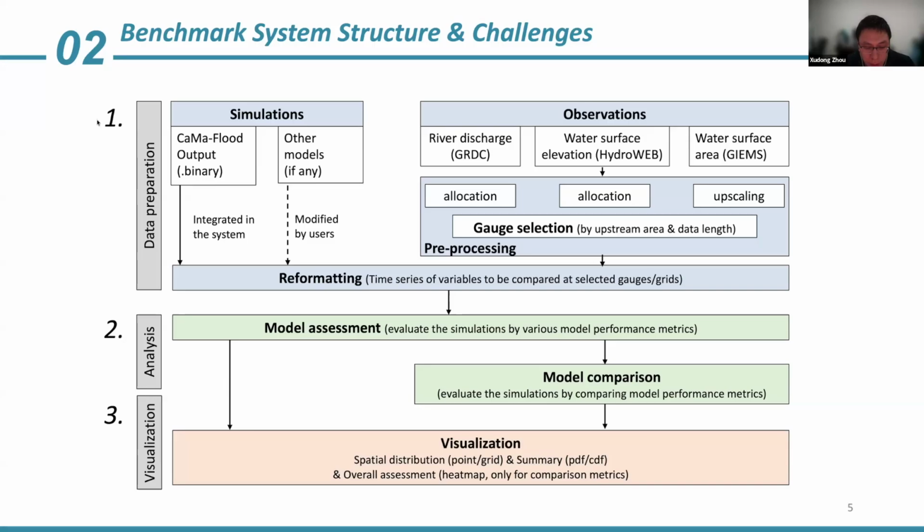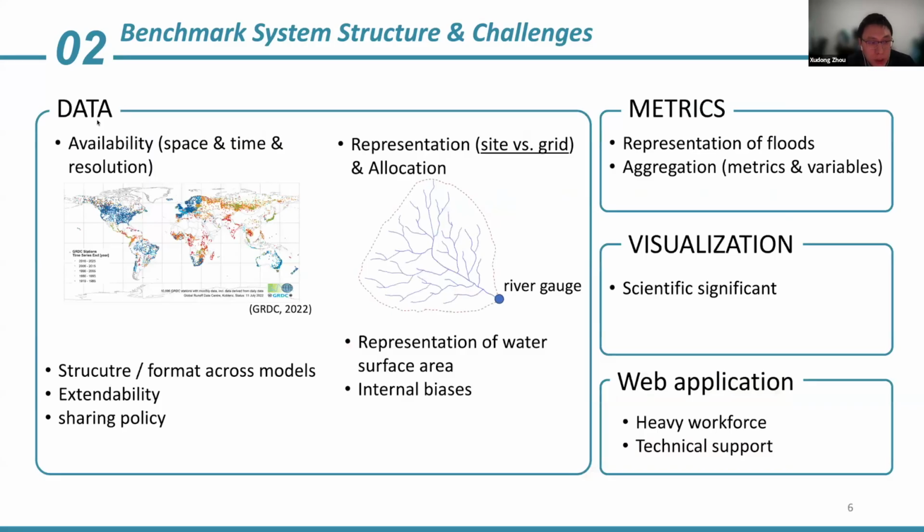And the third step is to visualize the result in an easy way. So first, the data. We usually use the river discharge data, but we know that the discharge is limited by space and time. So we include more data about the water level and the water surface. And then the red part is the metrics and visualization and web application.